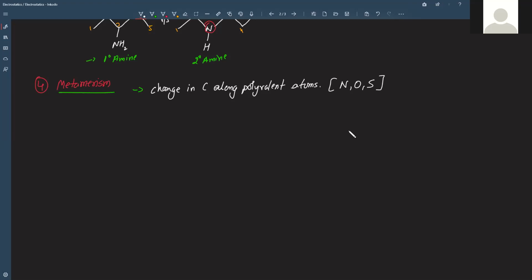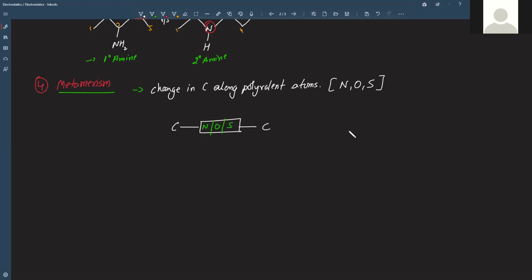In order to understand this in terms of structure, there will be a carbon connected to either nitrogen or oxygen or sulfur, and whichever of them is there will be connected again to carbon.